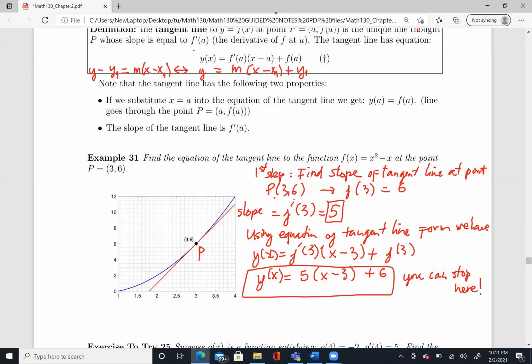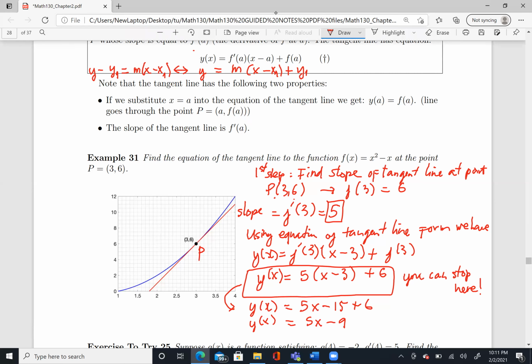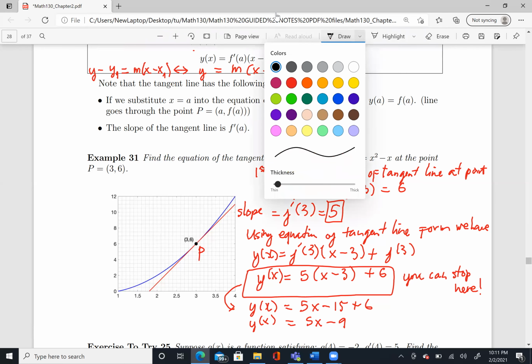However, if you want to make it look nicer, exactly like a slope-intercept form, then you can go ahead and simplify it. So you have y of x equal to 5x minus 15 plus 6. You do the distribution, and then y of x will be equal to 5x minus 9.